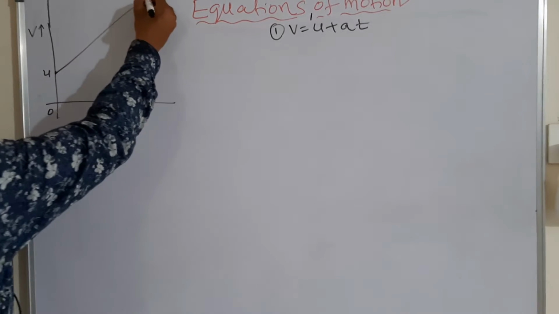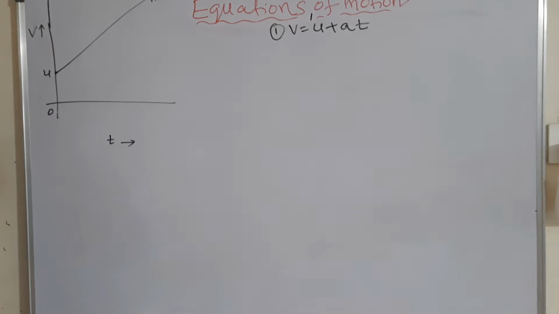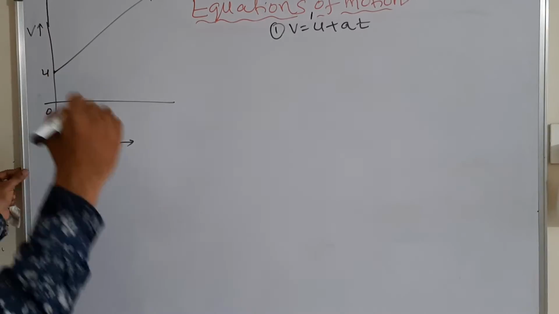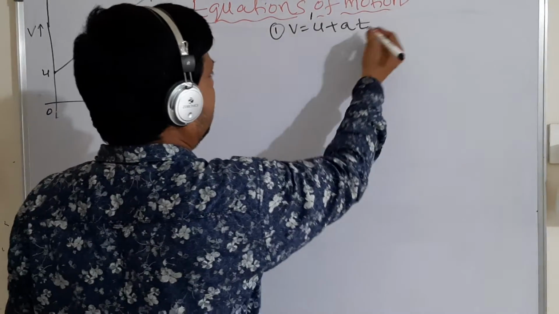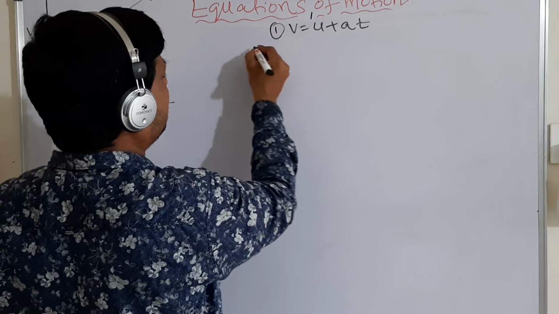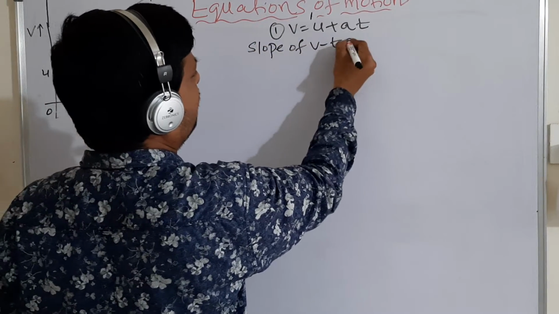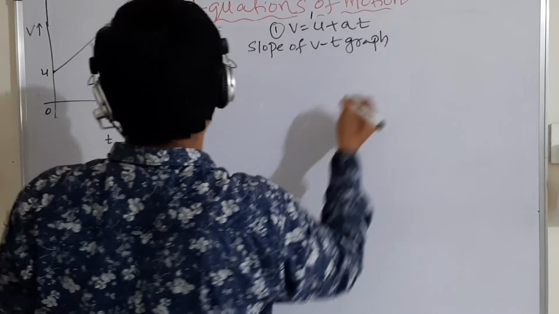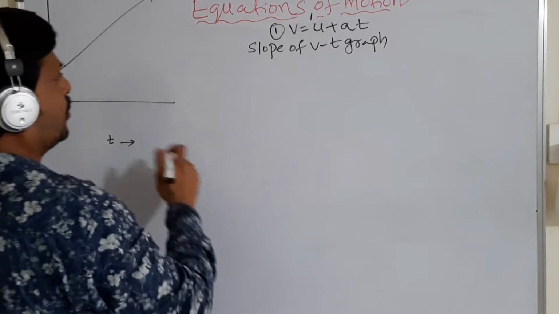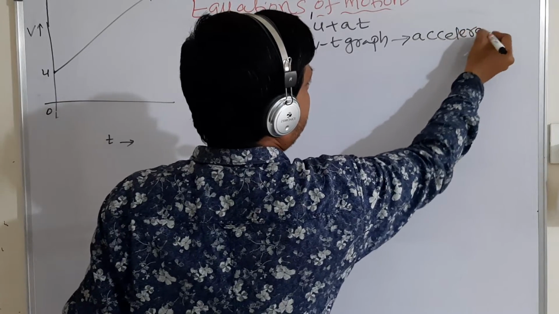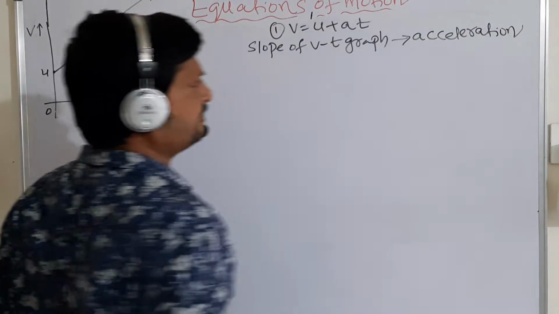Now see here, mark this point A. In order to find the slope, first write the points. Slope of the VT graph gives acceleration. This is fixed.